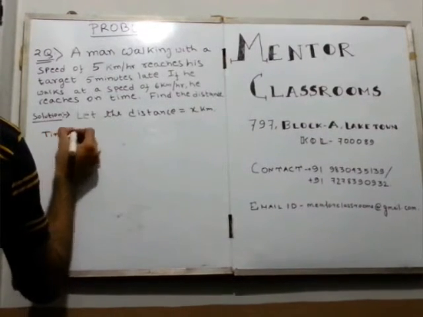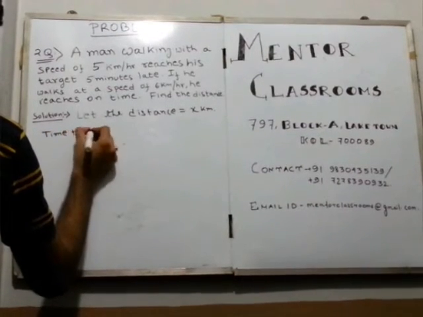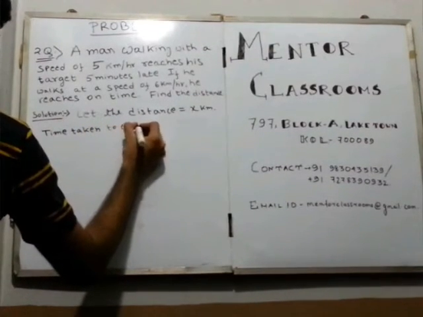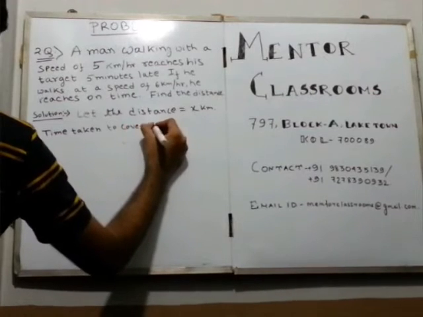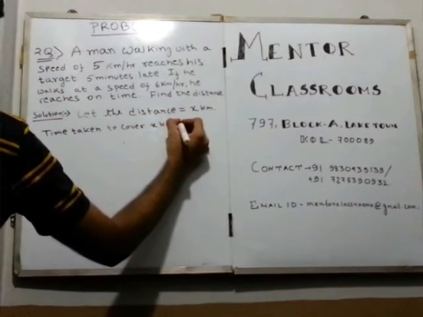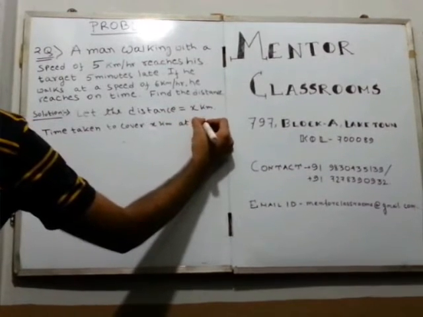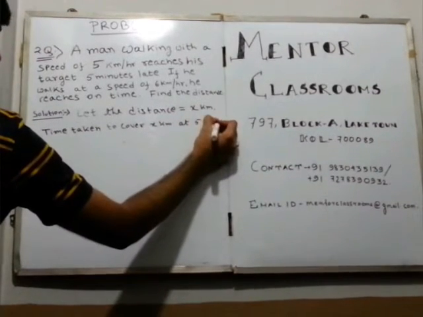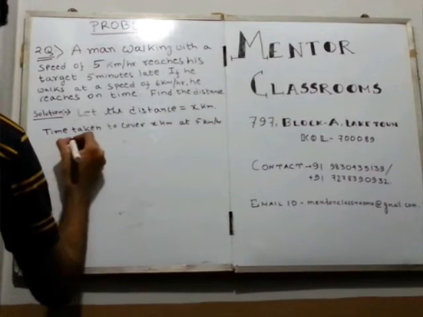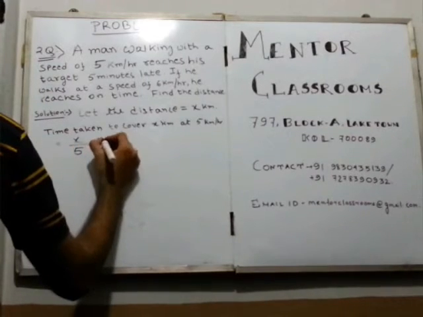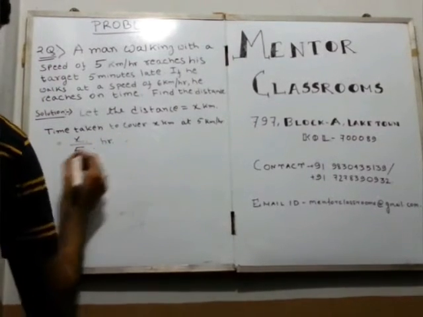Time taken to cover x kilometer at 5 km per hour equal to x by 5 hour.